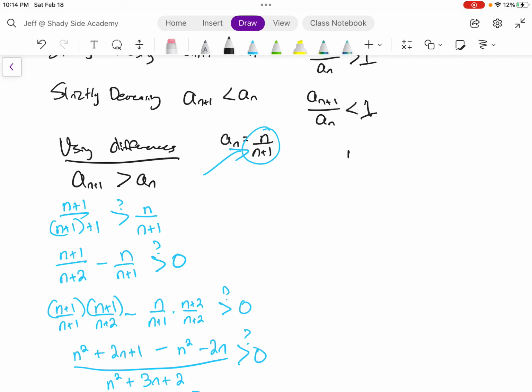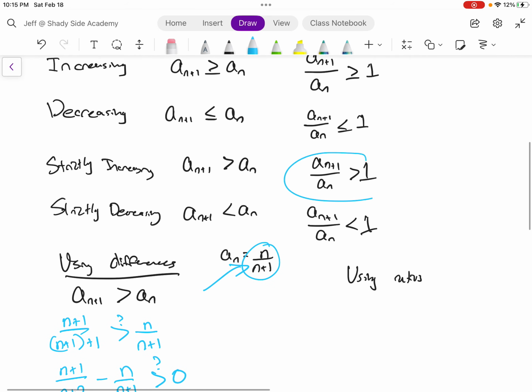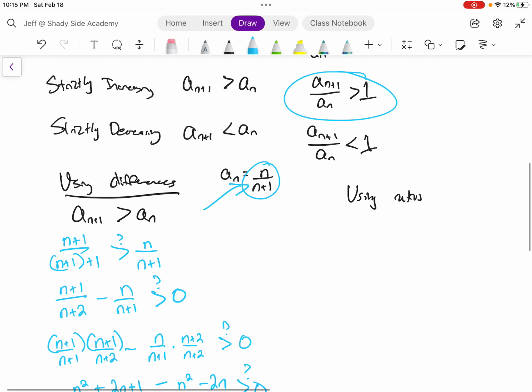If we wanted to use ratios, we're going to try to prove this thing. Can I prove that a sub n plus 1 over a sub n is greater than 1? Well, we already know what those are, right? A sub n plus 1, that was this thing, n plus 1 over n plus 2. And a sub n, well, that was just n over n plus 1.